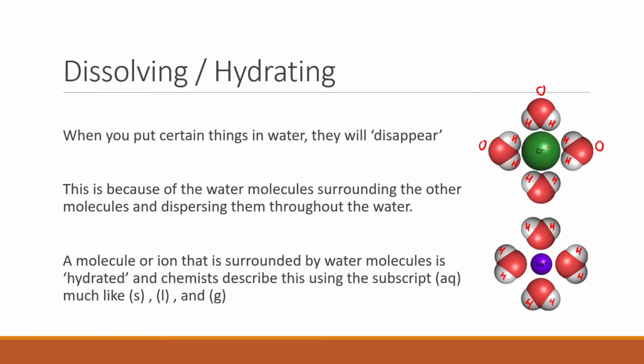Chlorine is a negative ion, and sodium is a positive ion. Now, why does that matter?